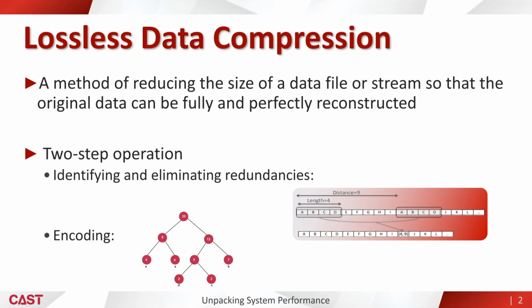The history window is the size of the part of the file that you will do your search, and it has an impact on both the size of the core and the compression ratio, as we will discuss later. Then the second part of the algorithm is the encoding, when the actual data reduction takes place. The encoding can be different kinds of algorithms, such as Huffman encoding, finite state entropy encoding, or dictionary encoding.